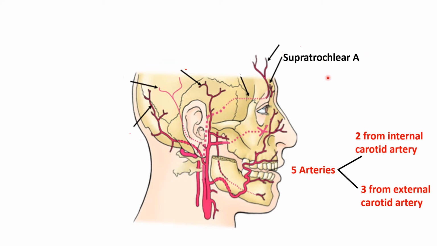Trochlear means a pulley. At the medial angle of the eye, we have a pulley-like fibrous structure, through which one of the muscles of eyeball actually passes. So just remember that there is a pulley there at the medial angle of the eye, and that's why the name is supratrochlear artery. The other artery that will be a branch of internal carotid artery is supraorbital.